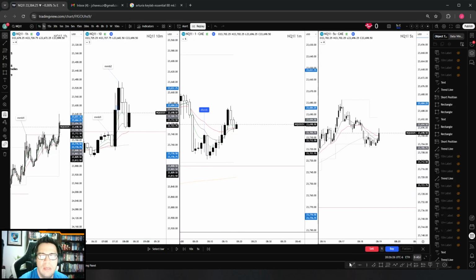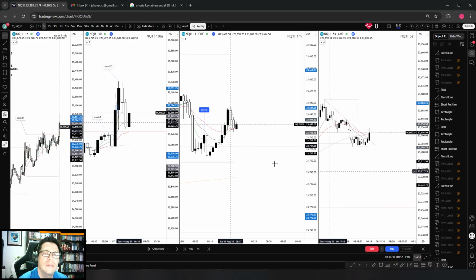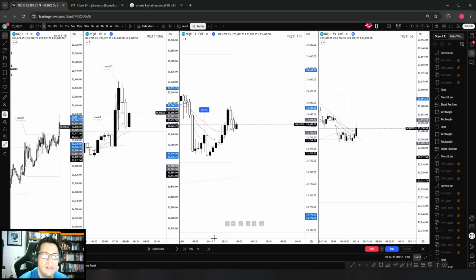So let's see if I drew a containment line around here. So we're getting to the EMAs. And now let's see if we build a double MB out of there.